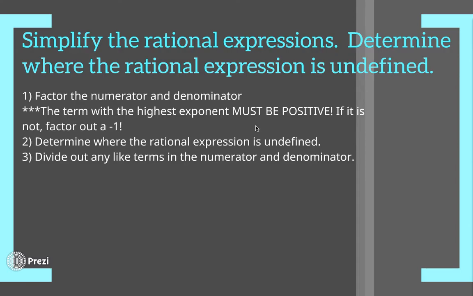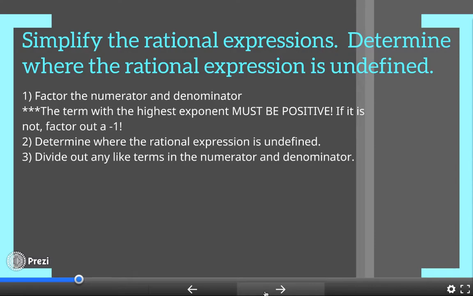If your leading coefficient is not positive, we have to factor out a -1, which will then turn it positive because a negative divided by a negative will transform into a positive. After we factor and make sure our leading coefficient is positive, we will determine where the rational expression is undefined.